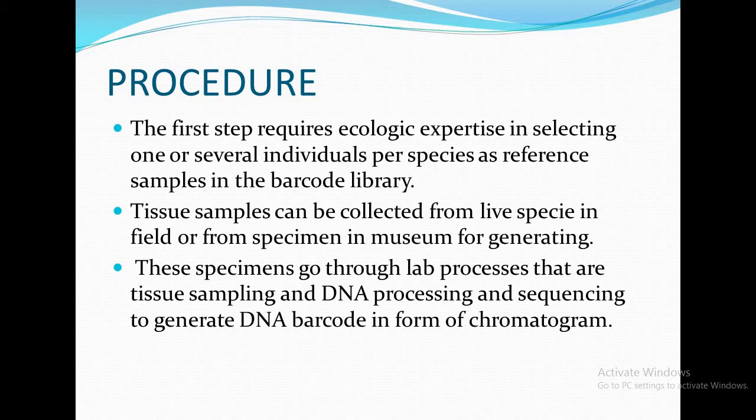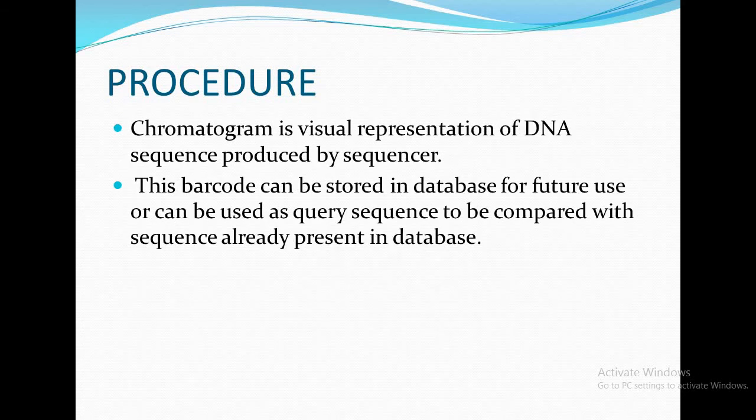These specimens go through lab processes, that is tissue sampling, DNA processing and sequencing, to generate the DNA barcode in the form of a chromatogram. A chromatogram is a visual representation of the DNA sequence produced by the sequencer.